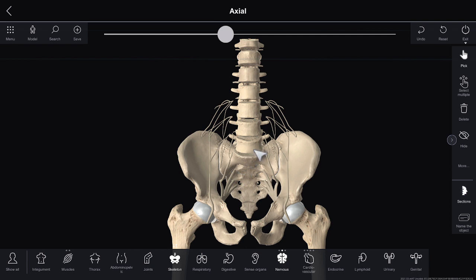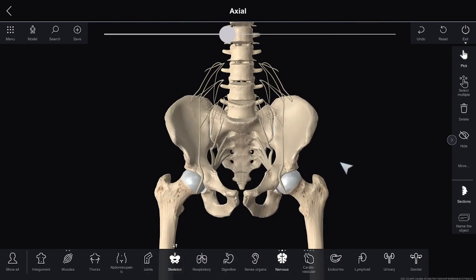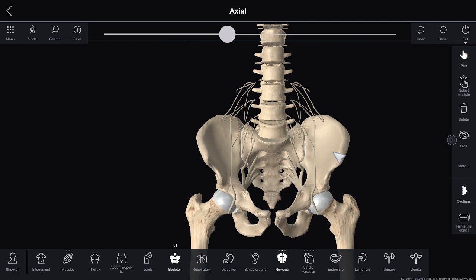Fifth, fourth, 3, 2, 1, 12. So the 11th I cut this way. Okay, and we shall use this part of our model. Now let's return to our presentation.